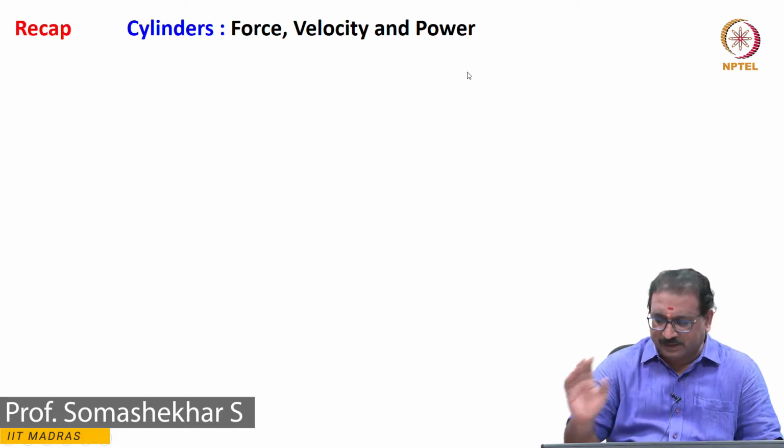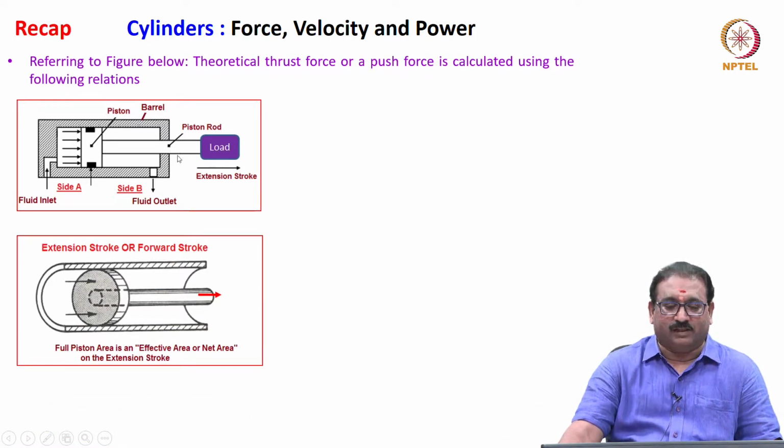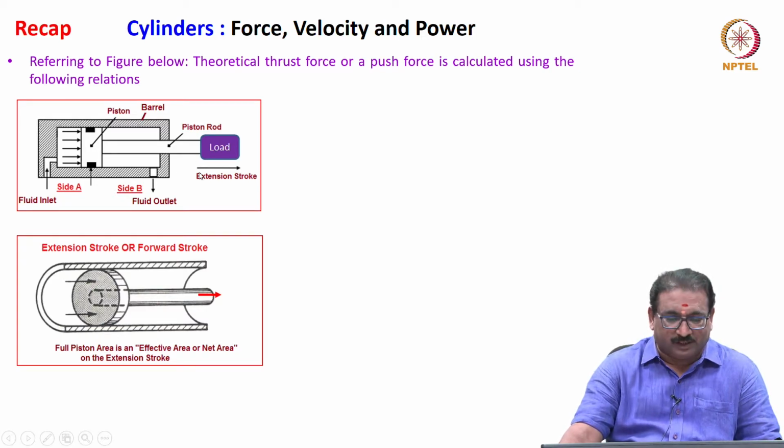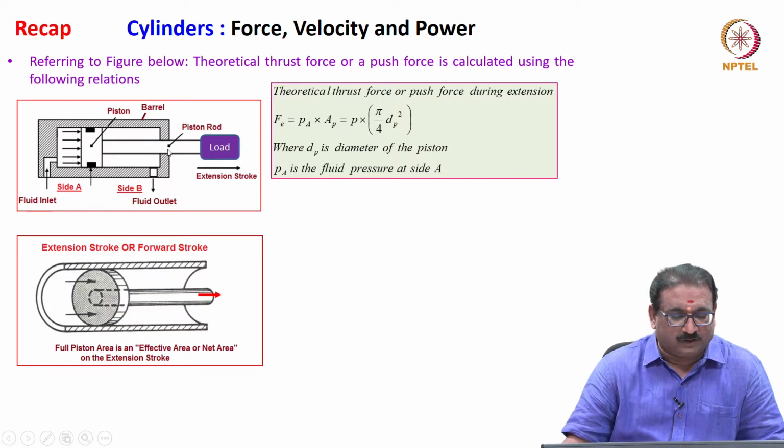The basic is this. As we know already, here I have shown in the figure, the theoretical push force or thrust force is calculated using the following equations. You see friends, here it is a double acting single rod cylinder.